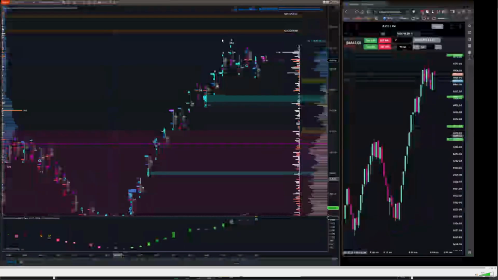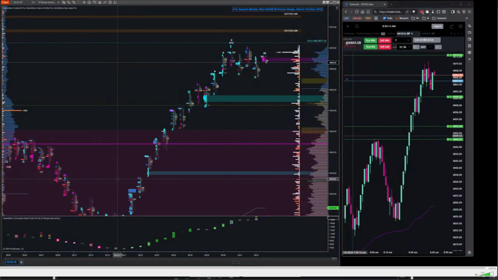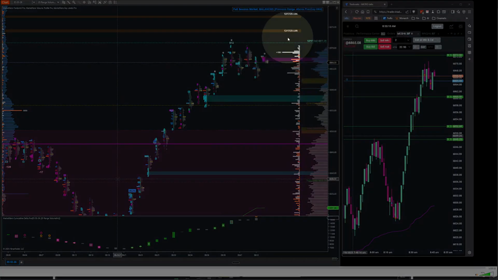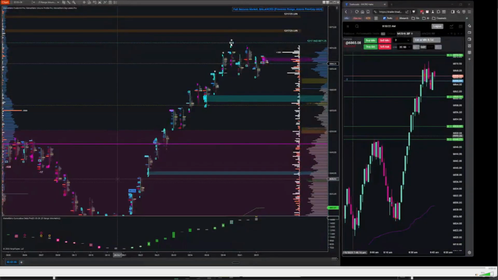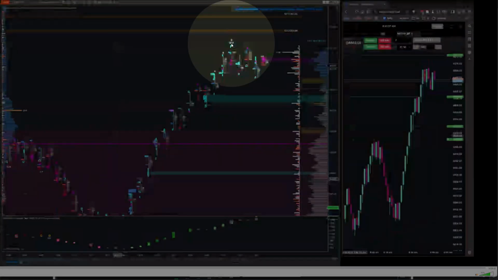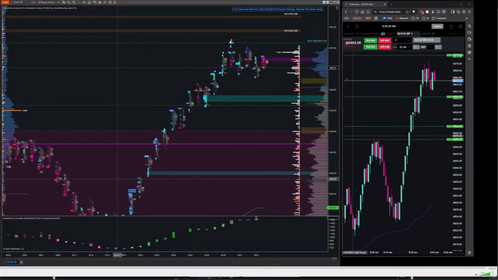Now, the reason I jumped in on this is because I saw that we took the price action all the way up to the high of the day from yesterday. And at that level, we saw an absorption of buyers at 913. In addition to that, we have that gray circle indicating that there is a large participant running price up here.